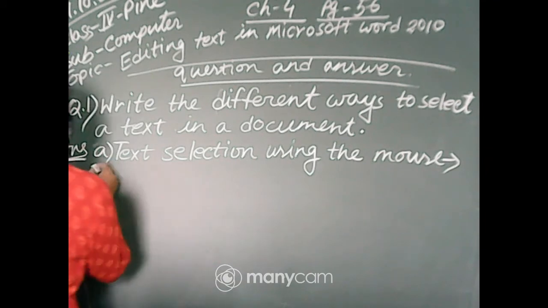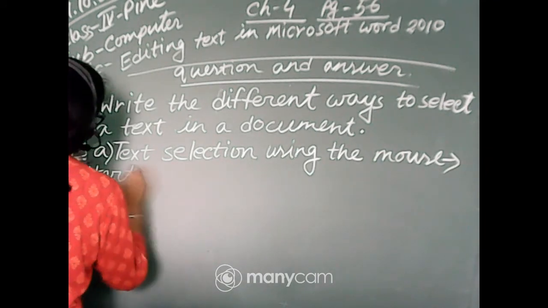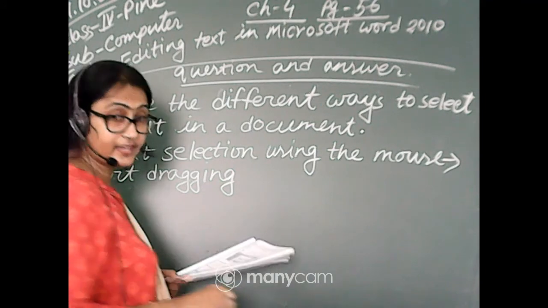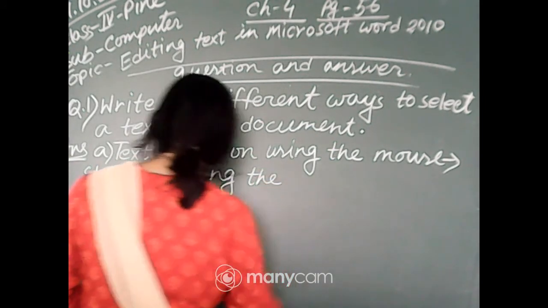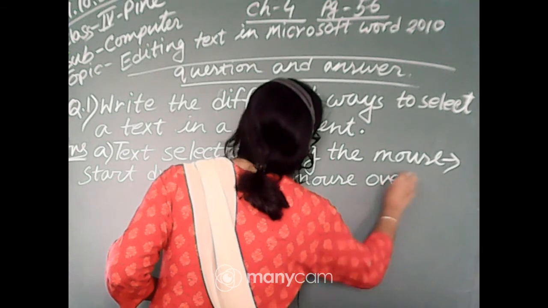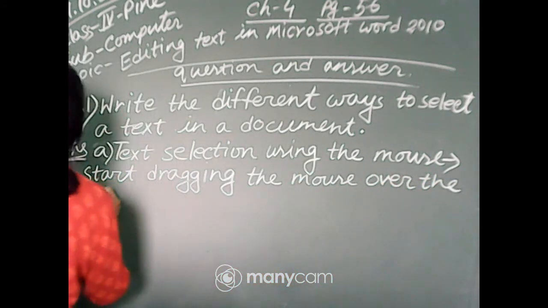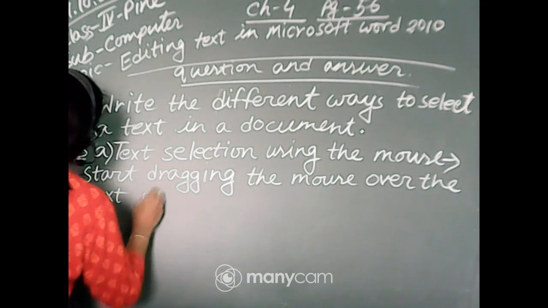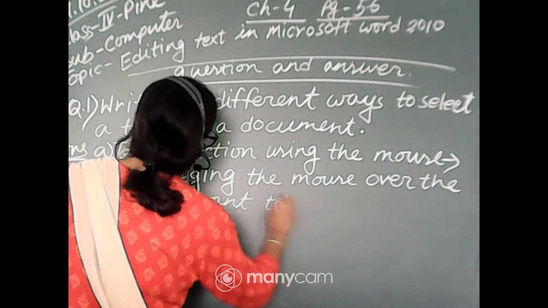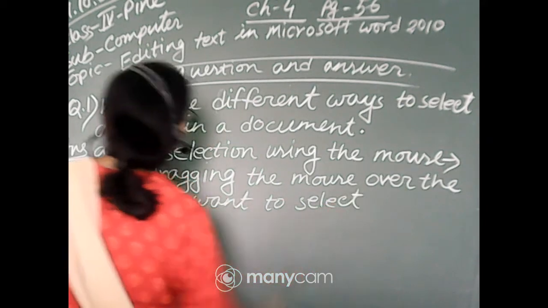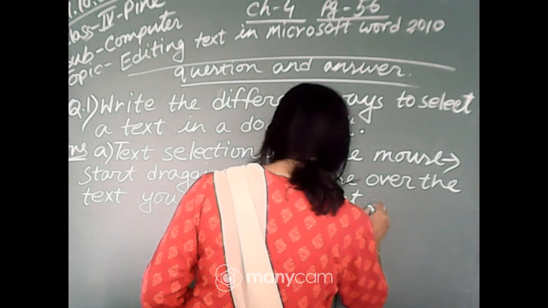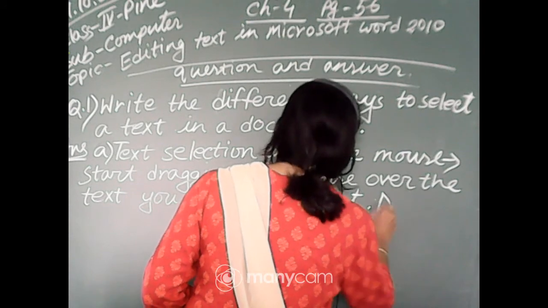Write down: start dragging the mouse over the text you want to select.